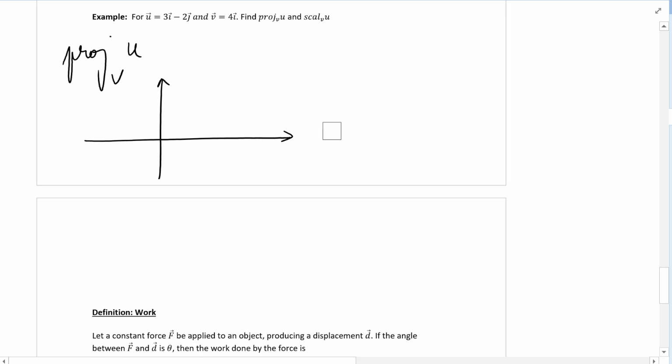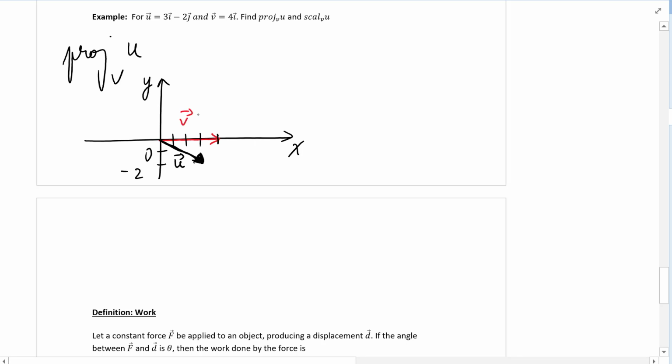On the xy plane, u is 3 and negative 2, so basically the vector u is this one. This is vector u. And v is 4i. This is vector v.